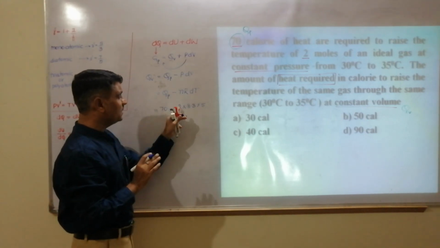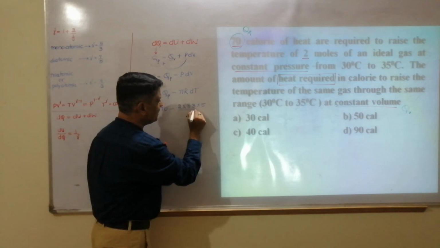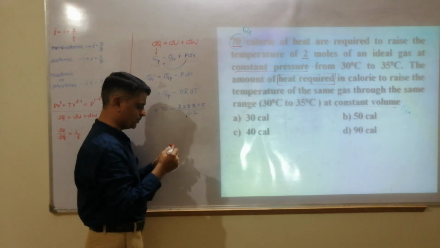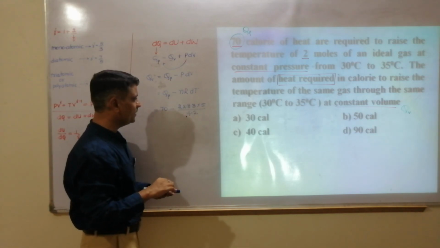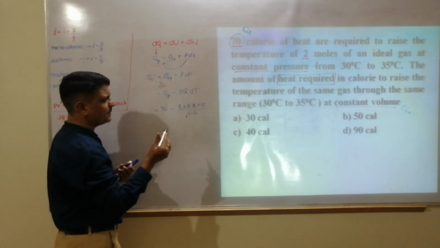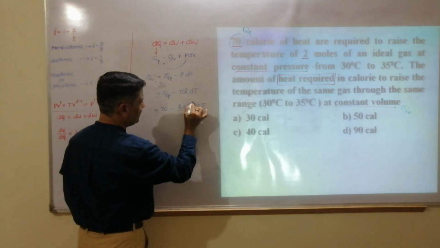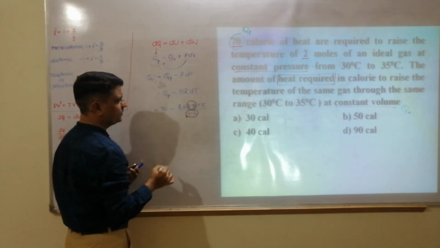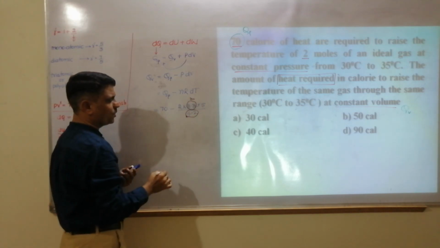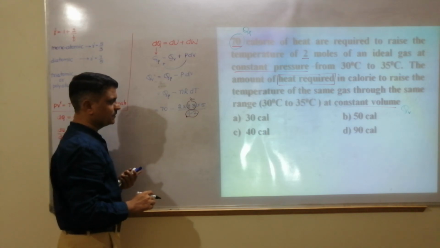See, but this will be in joule. To convert to calorie, we have to divide it by 4.2, right? Actually, I can get the approximate answer. 4.2, it is 8.3, means almost it is 2 times 4.2.